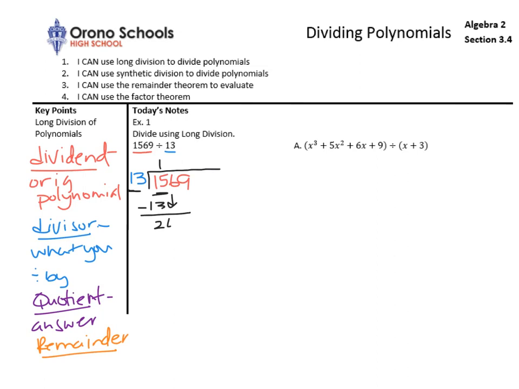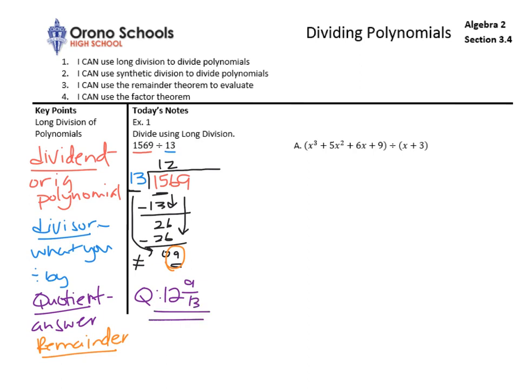Now 13 will go into 26 twice, and it actually goes in evenly. So then you have 0 as your remainder, but when you bring down that last number 9, notice 13 doesn't go into 9 at all. That means 9 is the remainder. To write this out then as your quotient, you would say 12 with a remainder of 9/13. That would be your final output.